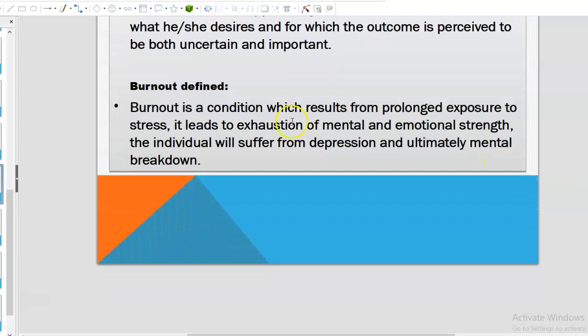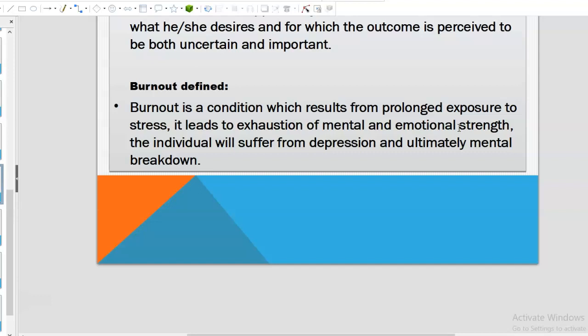Then we have what we call burnout. Burnout is a condition which results from prolonged exposure to stress. So when this stress prolongs so much, it leads to exhaustion of mental and emotional strength. This is whereby you are left with no strength, emotionally and mentally. You are very tired.